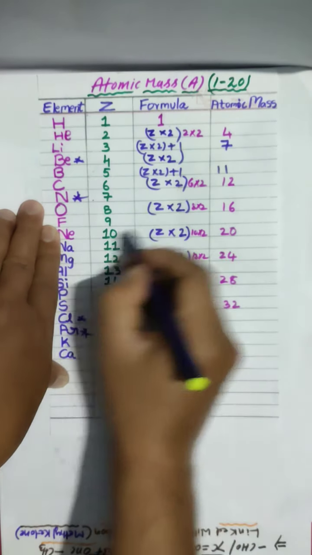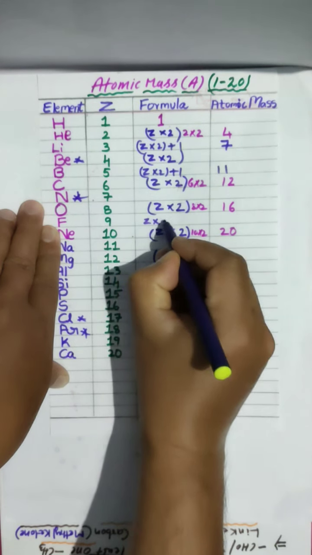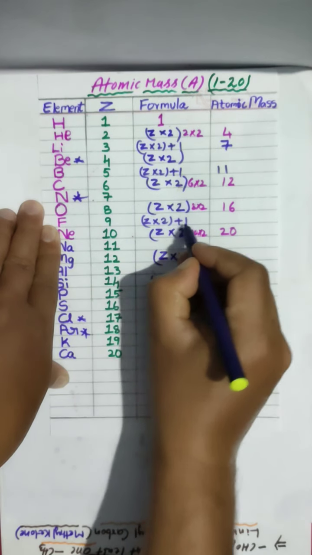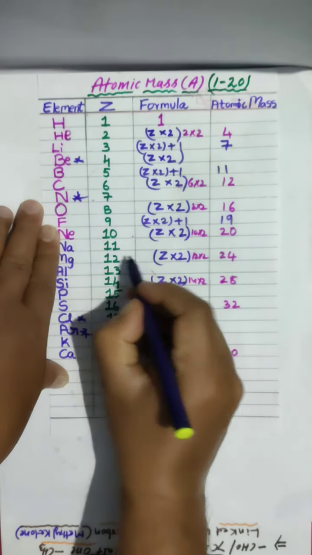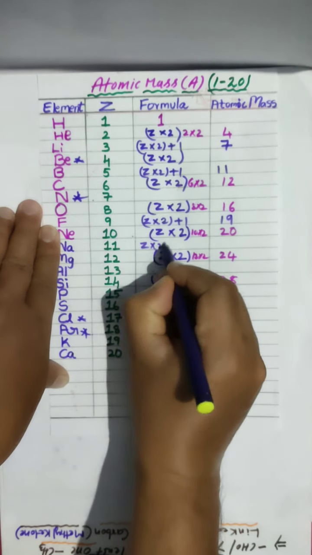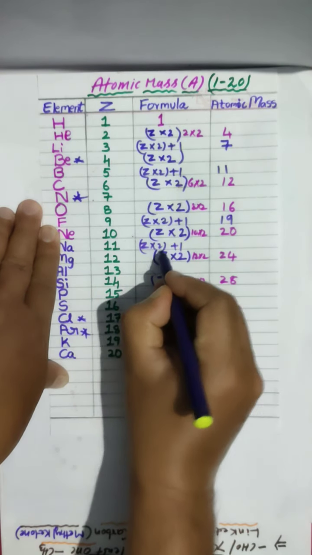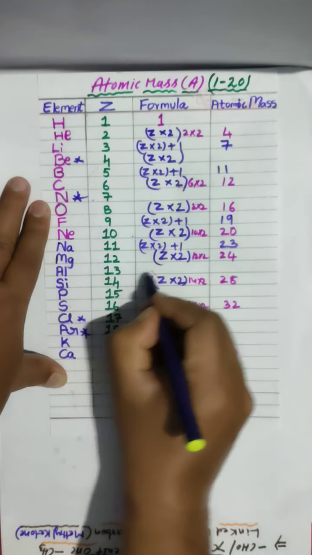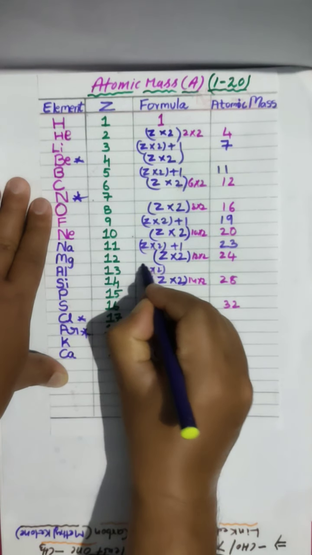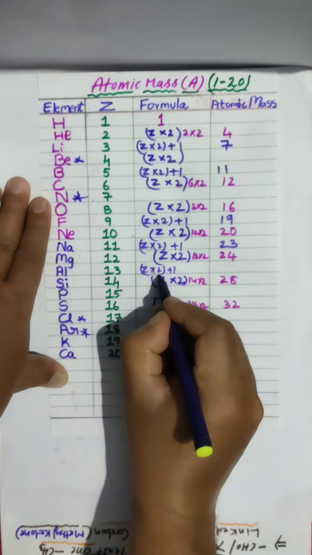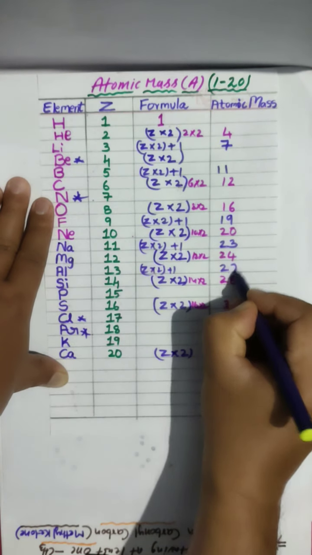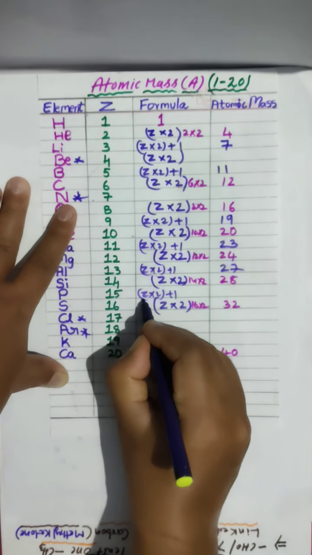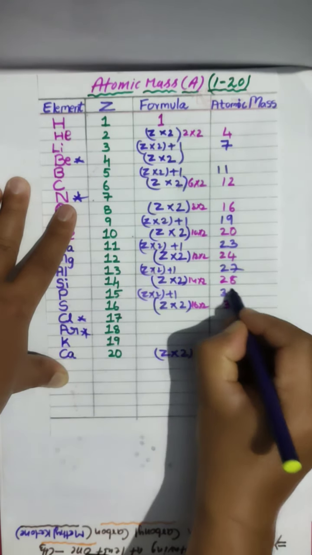Fluorine, odd number, 9 into 2, 18 plus 1, 19. Sodium, 11 into 2, 22, plus 1, 23. Aluminum, 13 into 2, 26 plus 1, 27. Phosphorus, Z 15 into 2, 30, plus 1, 31.